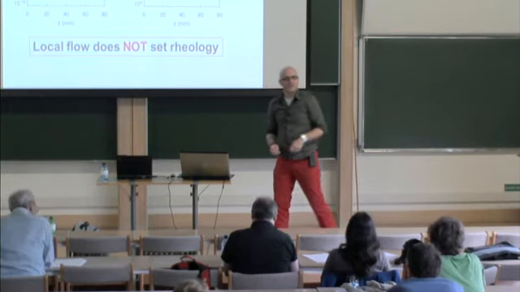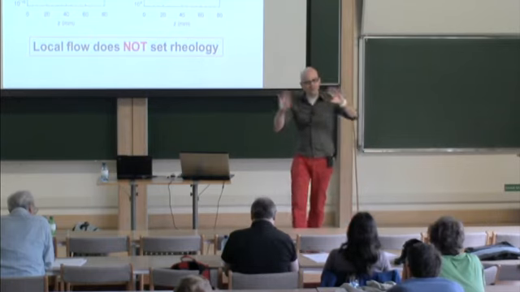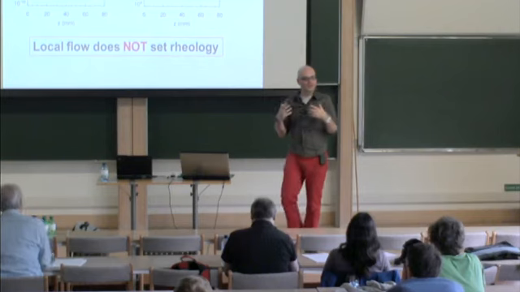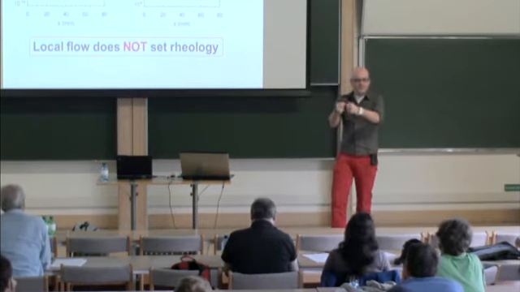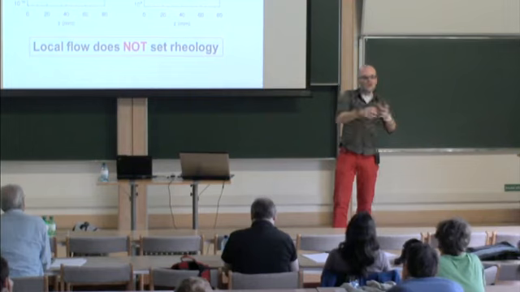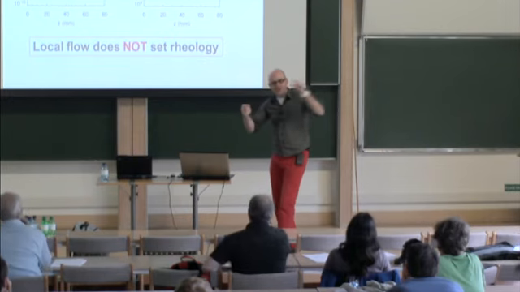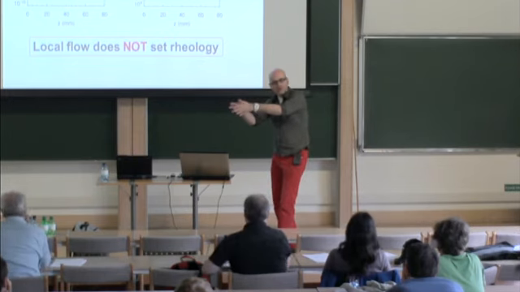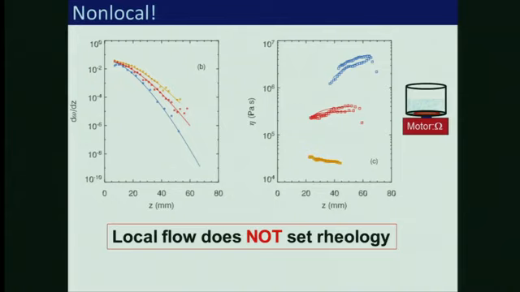So you can think of this as something non-local, which always sounds a little bit mysterious, or you can say there's really another field that's important there, and the physical way I think about it is this is the amount of jiggling of the grains. By stirring the sand in one position, there's jiggling here, and there's still a little bit of jiggling out there. The amount of jiggling here is set by the flow there, not by the flow here. So that amount of jiggling is important for understanding the rheology.